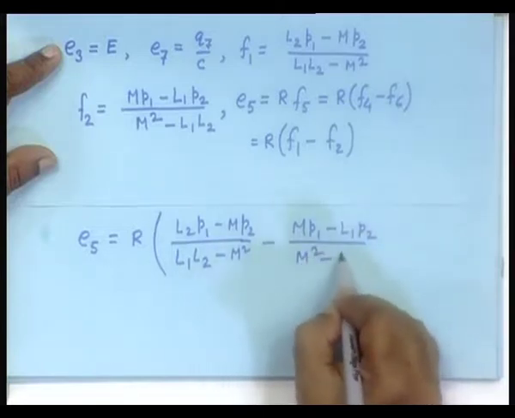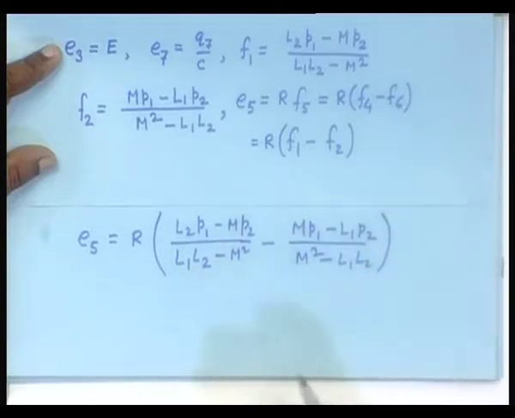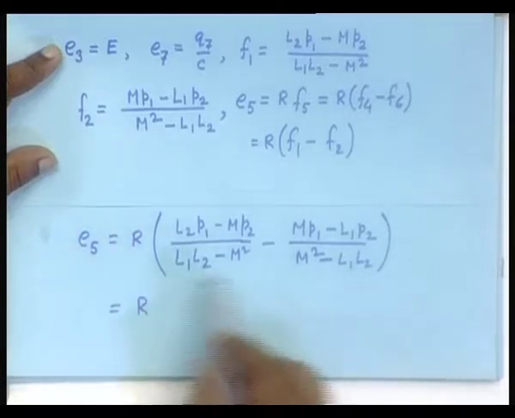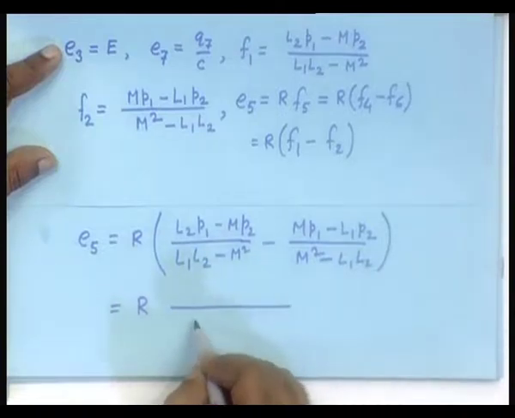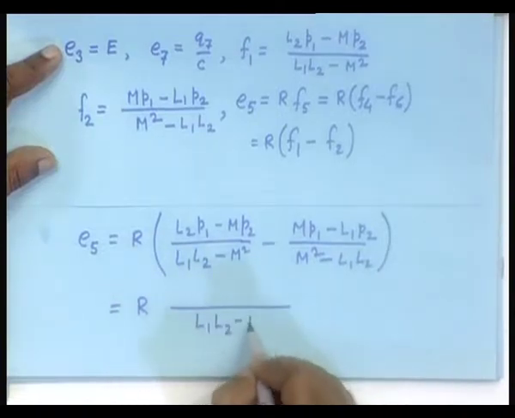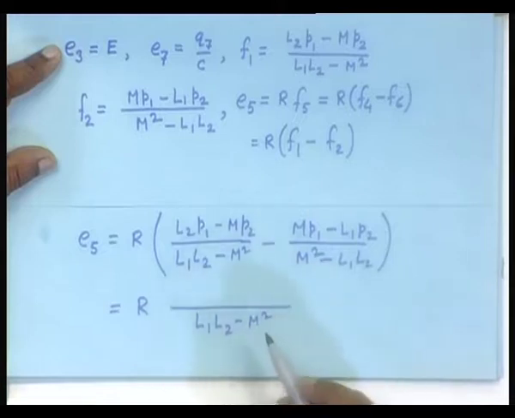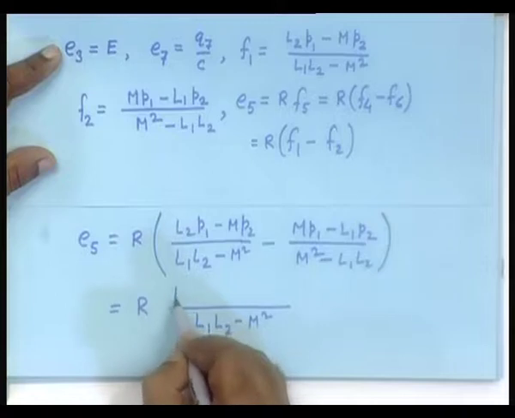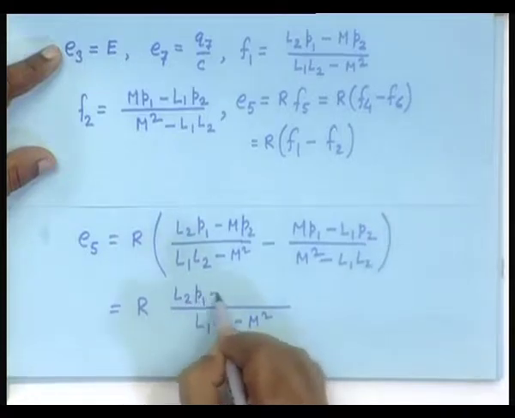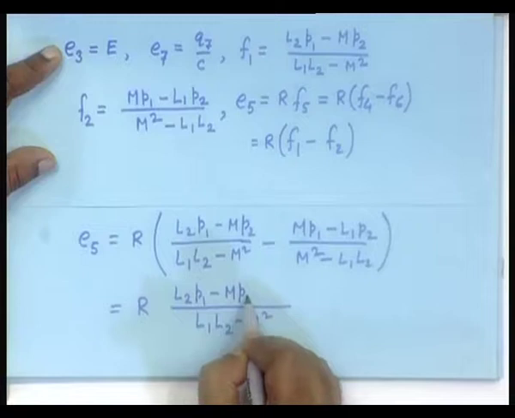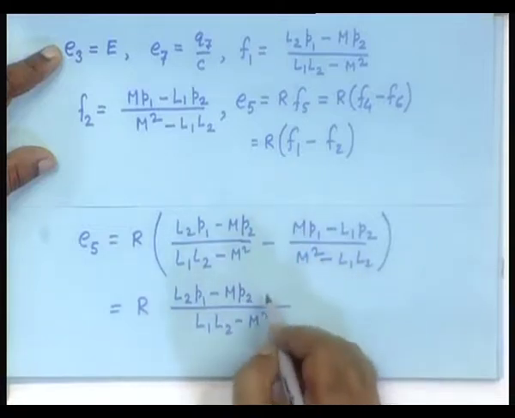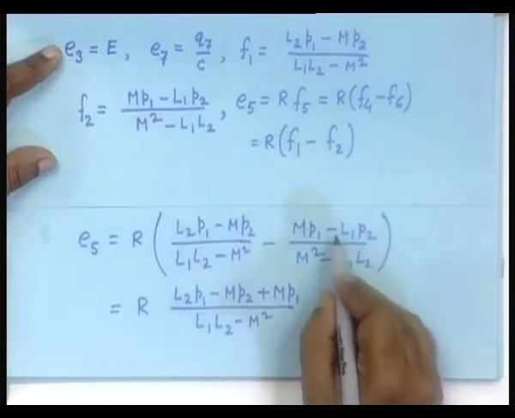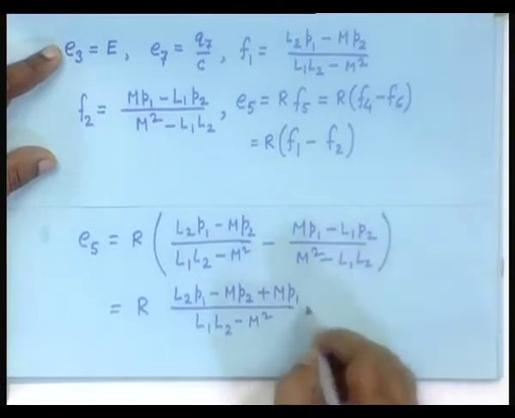Just shorten it: you have L1 L2 minus M square, and this remains L2 P1 minus M P2 plus M P1 minus L1 P2.